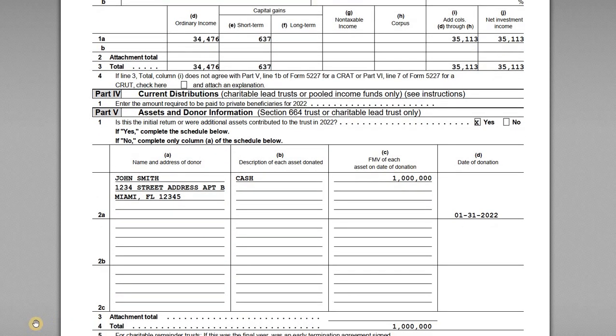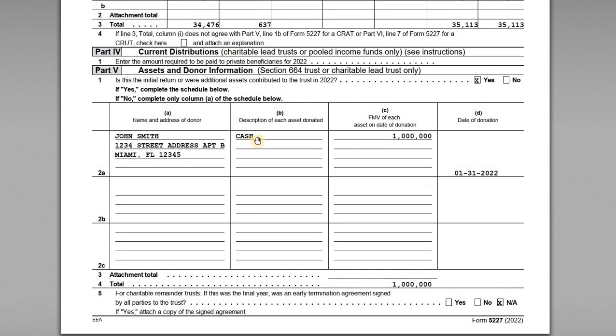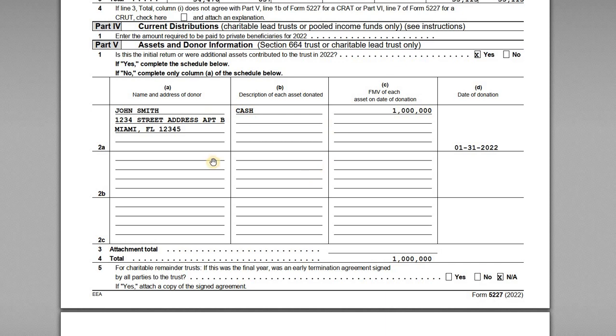All right. So down to the Part 5 for assets and donor information. This section is completed for charitable remainder trust or lead trust. It is the initial return, right? So we are checking yes for initial return, and then we complete this schedule below. So John was the donor to contribute the assets to the trust.